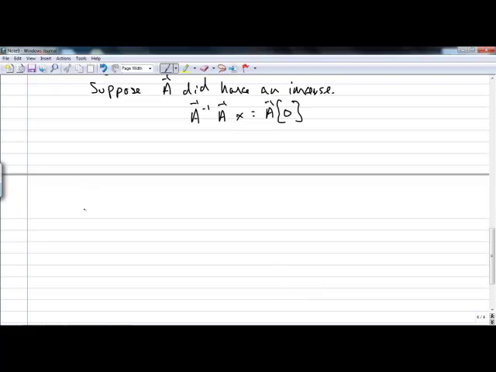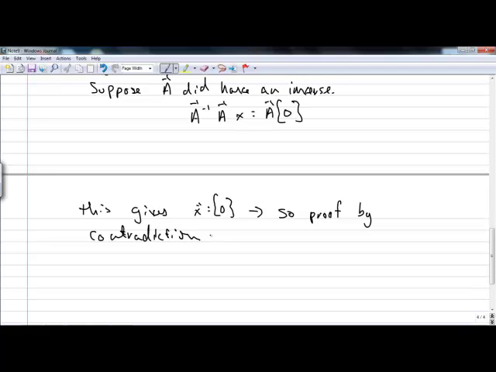This gives the solution x is equal to 0. So this is proof by contradiction. In other words, if x is not equal to 0, but there's a solution to Ax equals 0, then the inverse can't exist.